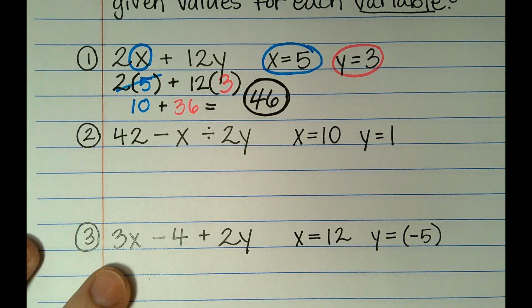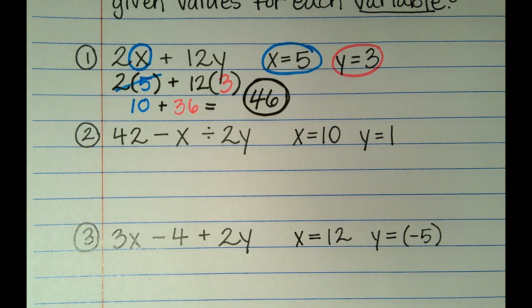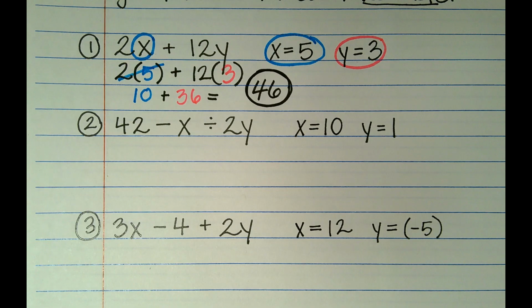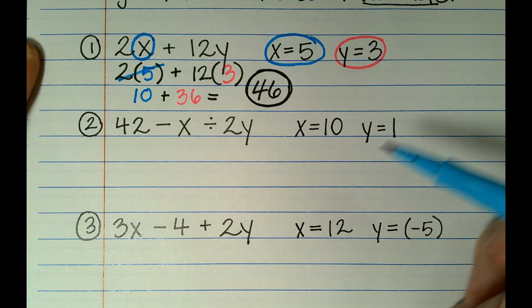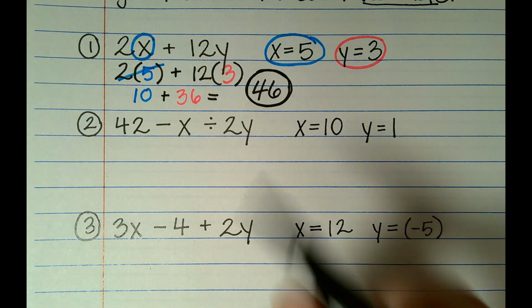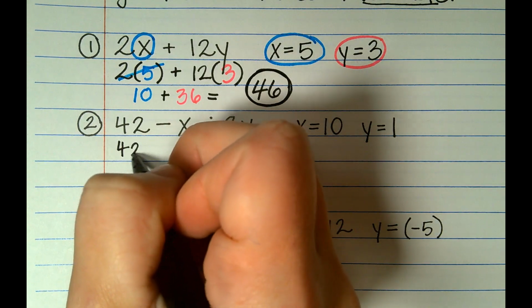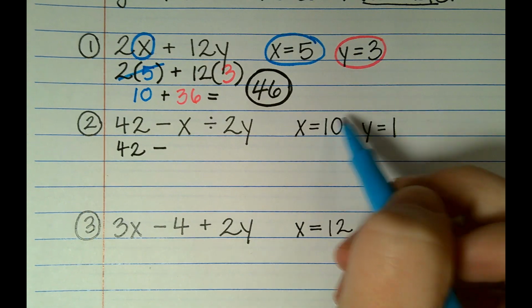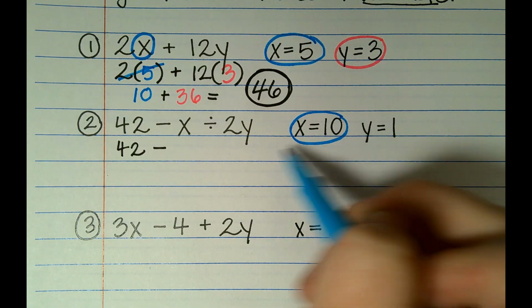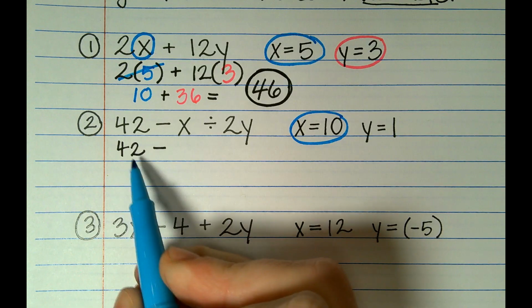Okay, awesome. So number 2, I have 42 minus x divided by 2y. What should I do here? The x. What's my x value? 10. 42 times 10?